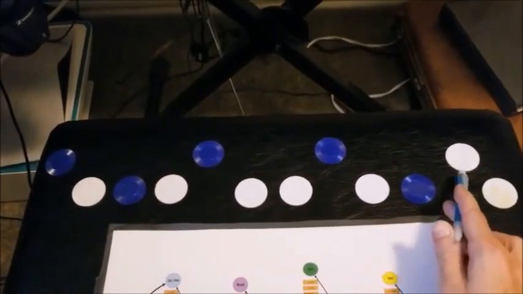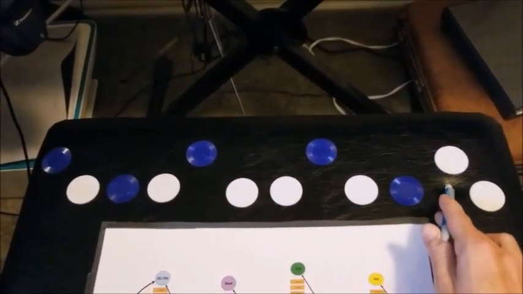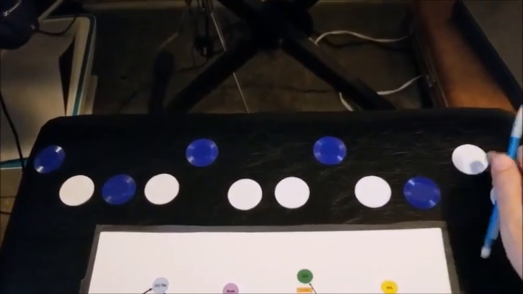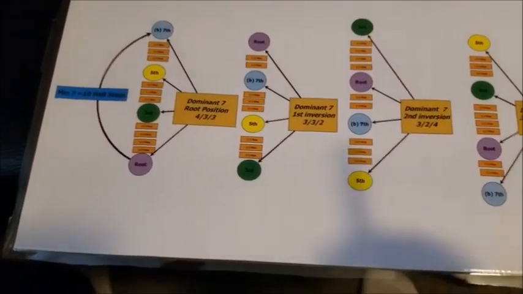And 1, 2, 3. Okay, so G flat 7: G flat, B flat, D flat, F, or F sharp 7: F sharp, A sharp, C sharp, E. Root position, 4, 3, 3. Let's look for the first inversion, 3, 3, 2 form.